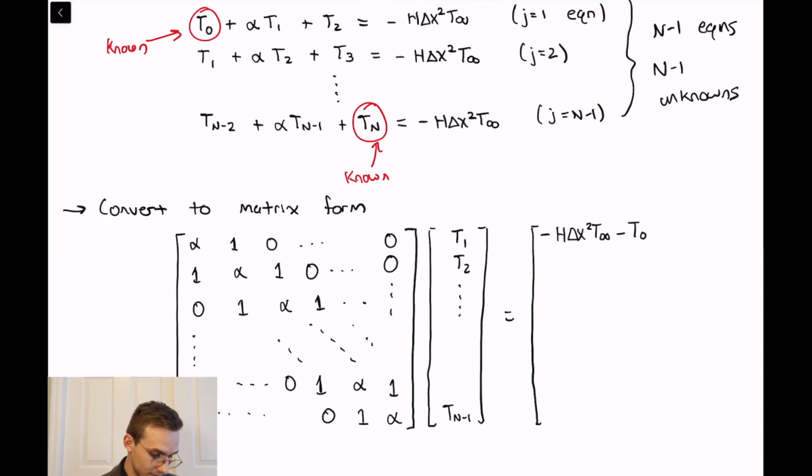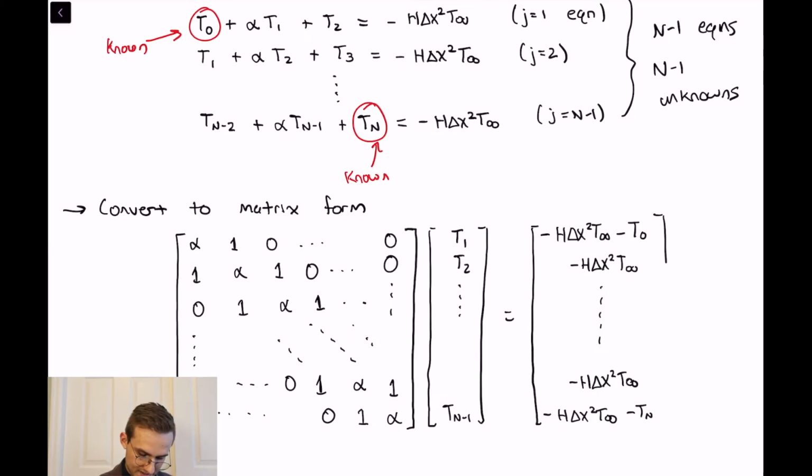The second element is just h delta x squared T infinity, and that continues all the way until the last couple of elements, the second to last of which is h delta x squared T infinity, like all the other equations that don't include a boundary point. And then for the last equation, we move over that Tn unknown, and it becomes h delta x squared T infinity minus Tn.